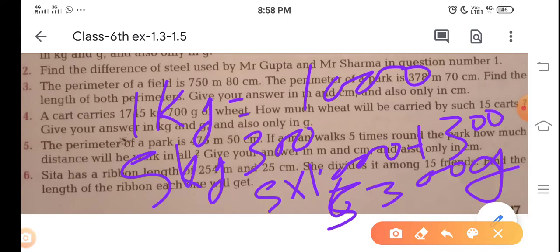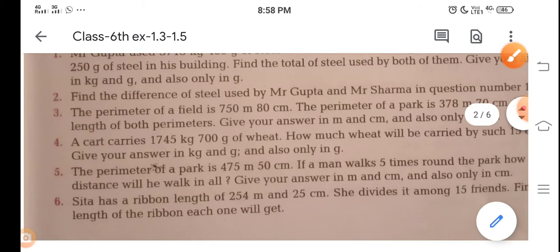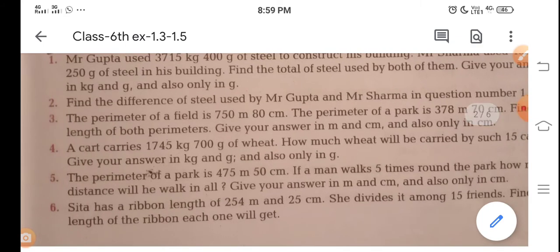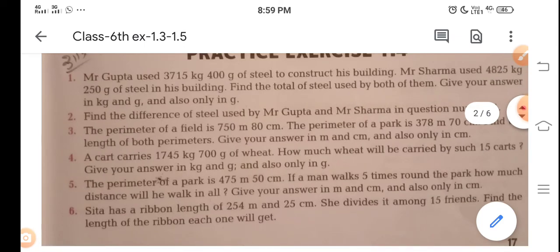Okay, do you understand? And the next question says: find the difference of steel used by Mr. Gupta and Mr. Sharma in question number 1. The second question asks for the difference between how much steel was used by Mr. Gupta and how many kg and grams were used by Mr. Sharma.